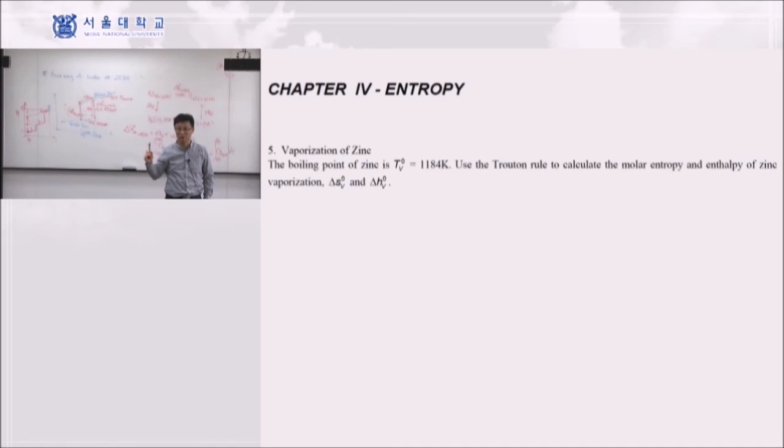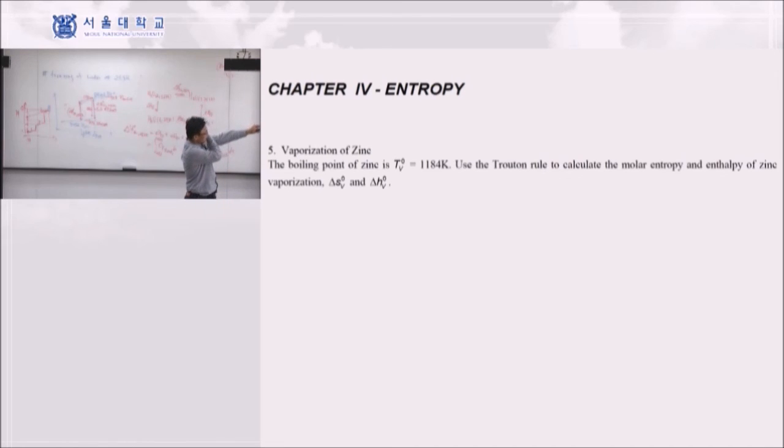That's Trouton's rule. And there was Richard's rule: solid, FCC or BCC, becomes liquid phase. The entropy of melting is about 9 joule per mole Kelvin. That's Richard's rule, and Trouton's rule is the entropy change from liquid to the gas phase.